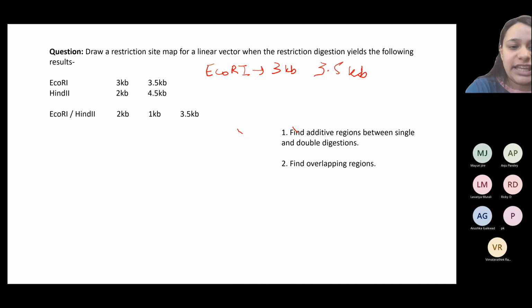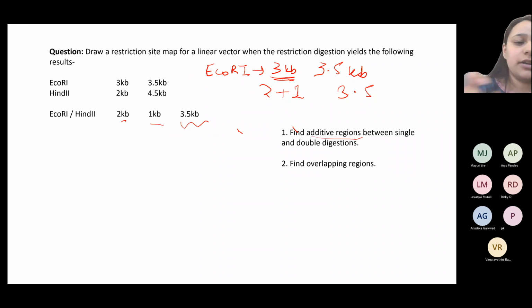Over here, this 3 kb fragment could come from this 2 kb plus 1 kb, right? So 2 plus 1 kb fragment could give this 3 kb fragment, and 3.5 could come from the individual 3.5 kb fragment, right?